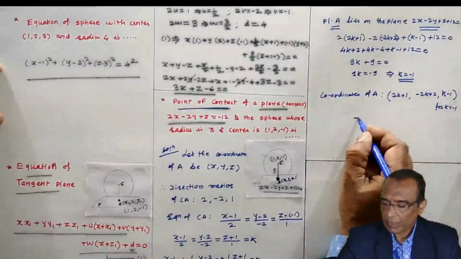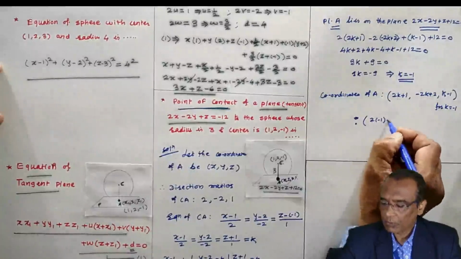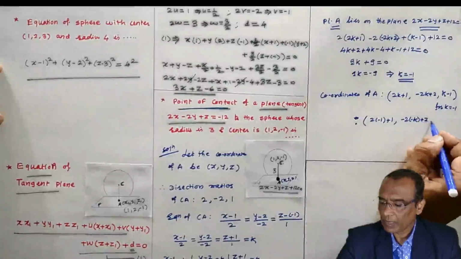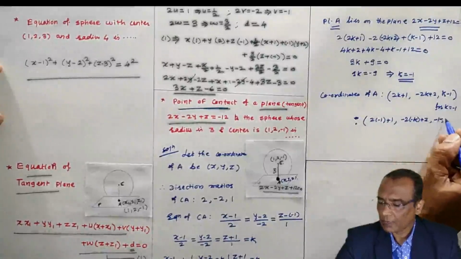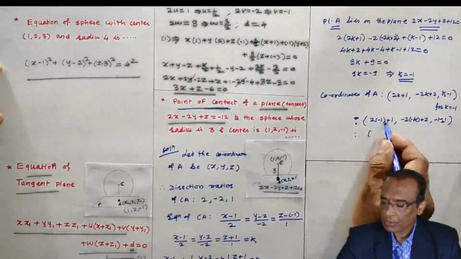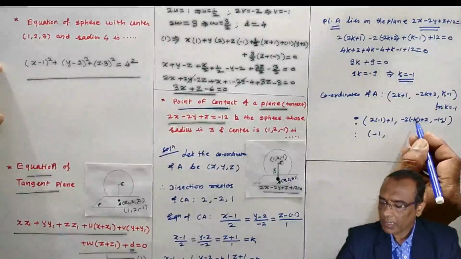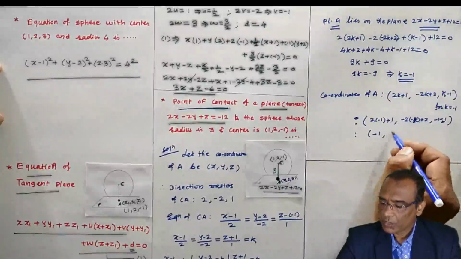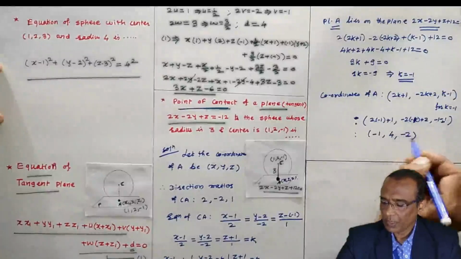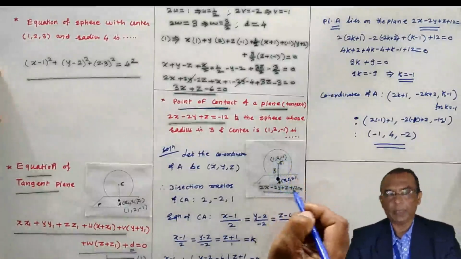So put k equal to minus 1 here. Then minus 2 plus 1 is minus 1, minus 2 times minus 1 plus 2 is 4, and k minus 1 is minus 2. This is the point of contact of the sphere and the plane.